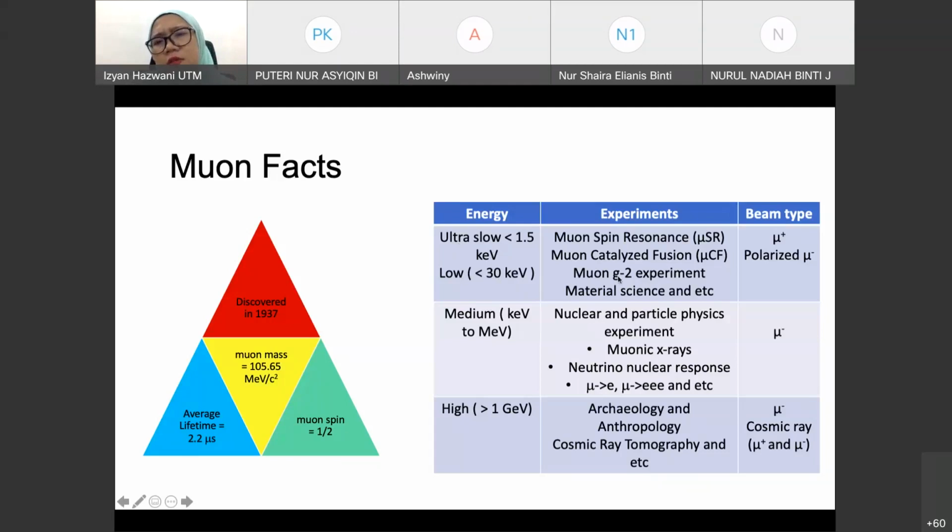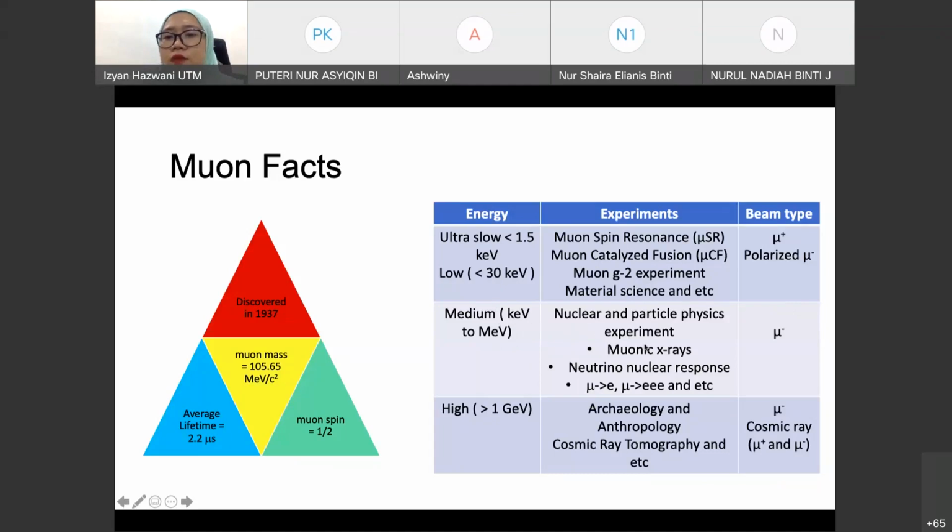This g-2 experiment also had a new announcement in maybe 2020 or 2021. This is related to the quantum electrodynamic problem in the nuclei, and the others are material science, etc. But for our case, we concentrate on this medium energy part.